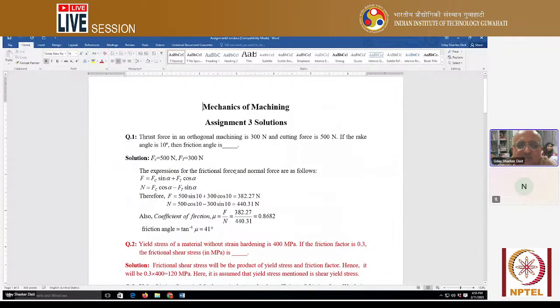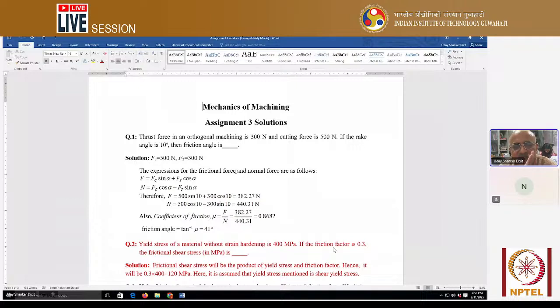Now in assignment 3, you have to do a problem. Suppose thrust force in an orthogonal machining is 300 Newton and cutting force is 500 Newton. If the rake angle is 10 degree, then the friction angle is? So you have been given thrust force, which I indicate by FT, 300 Newton, and cutting force is 500 Newton.